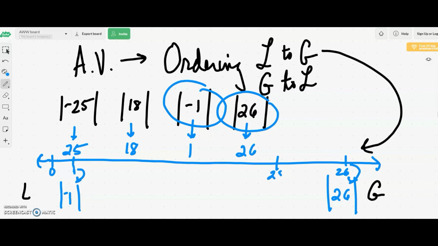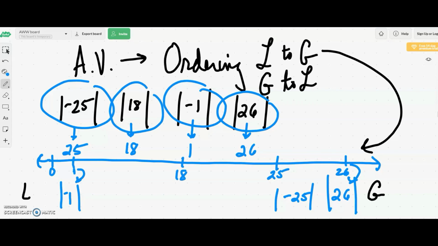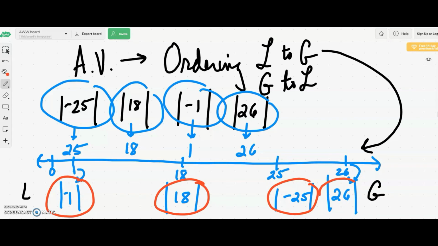So 25 comes next, and the way you saw it in the example was the absolute value of -25. That goes here. Then 18 was your number, but you have to write it the way you saw it, which was the absolute value of 18. So here are your answers. This is how it works: smallest, bigger, bigger, biggest.